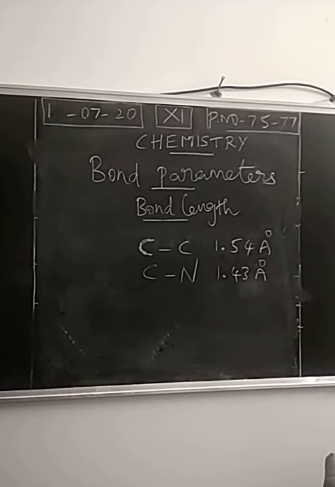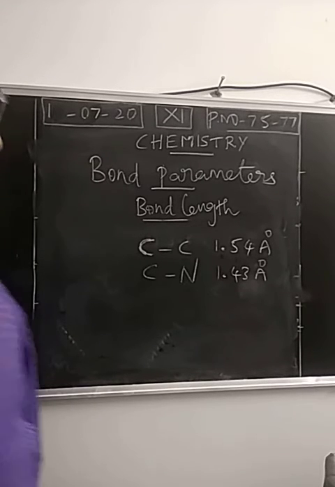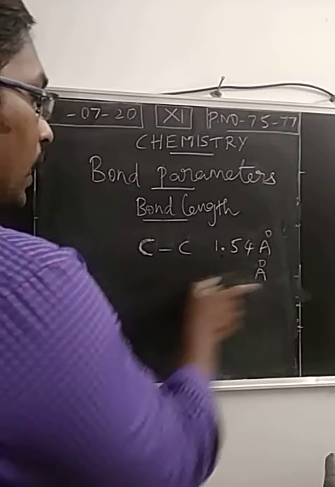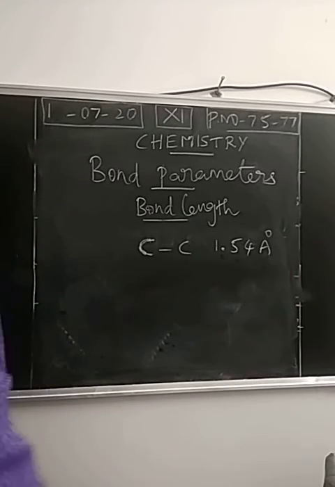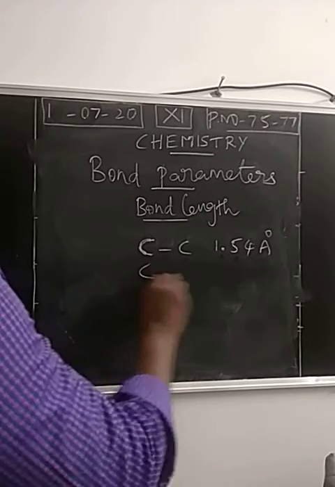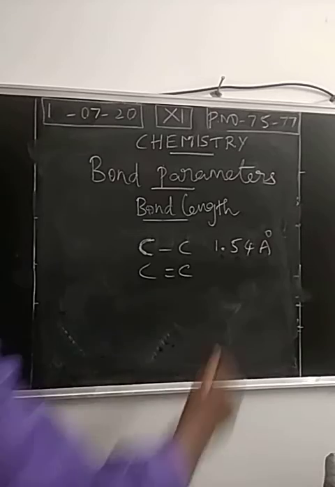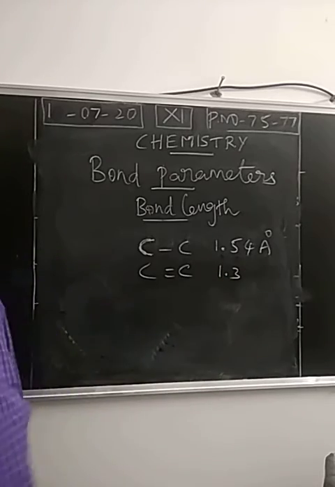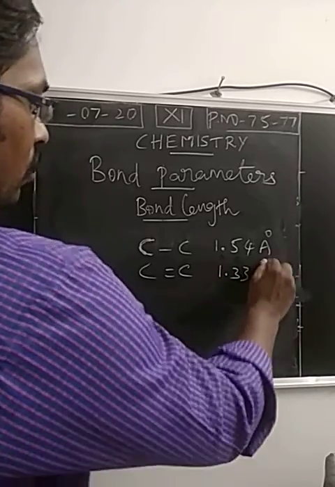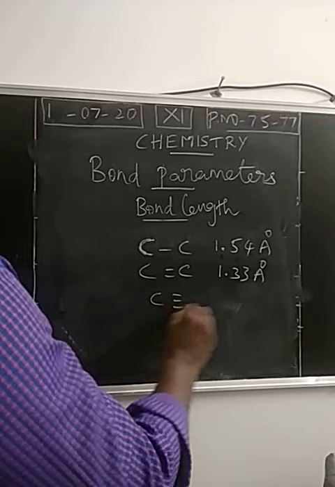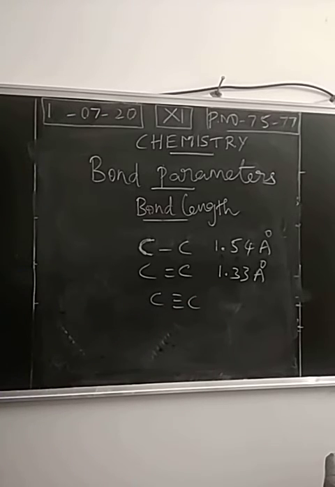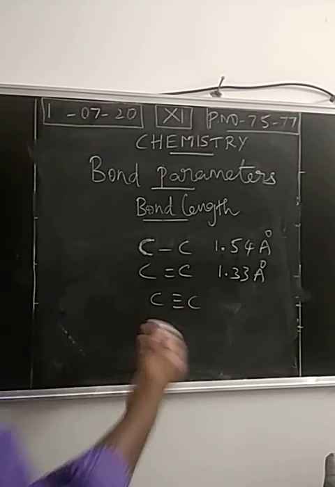So as I said, bond length depends on size as well as the number of covalent bonds between the atoms. If only one bond is present, we have only a single bond, this is the bond length. If you take alkenes, a double bond will be present between the carbon atoms. So here bond length will be reduced to 1.33 angstrom. Again, if you take alkynes, a triple bond is present between the carbon atoms, which means strength will be increased.